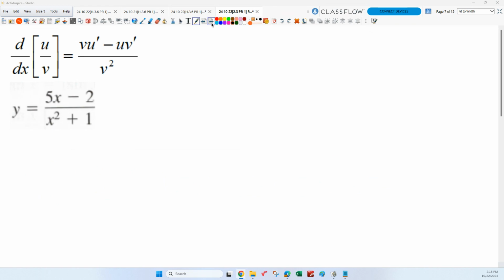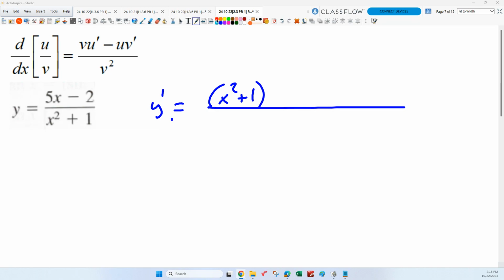So let's try a quotient rule problem. So what do we get? Here's our y. What's y prime? Low d high. So what's low? What's d high? Right, derivative of 2 goes to 0.